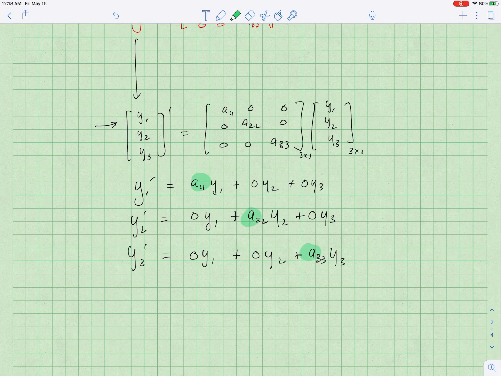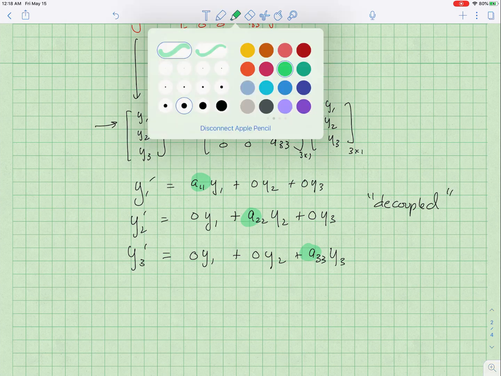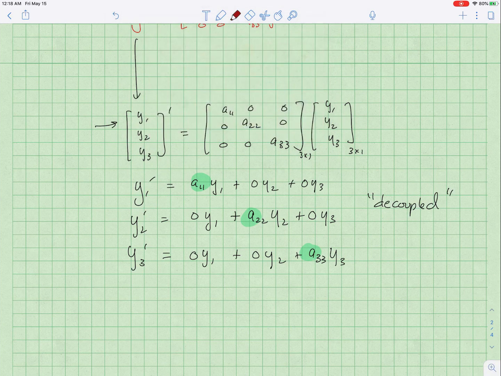And it is now what we call decoupled. That is to say, although I have y1, y2, and y3 in every equation, y1 prime no longer depends upon y2 and y3, and y2 prime no longer depends upon y1 and y3.